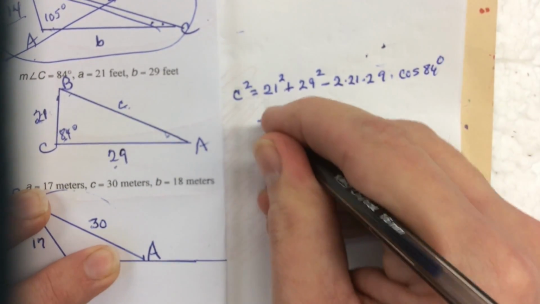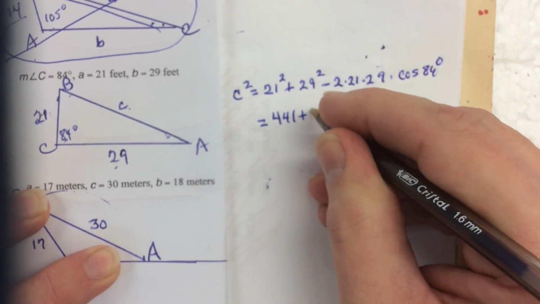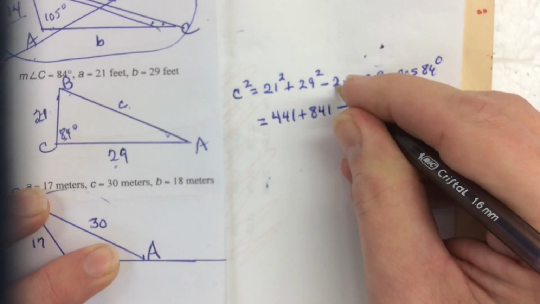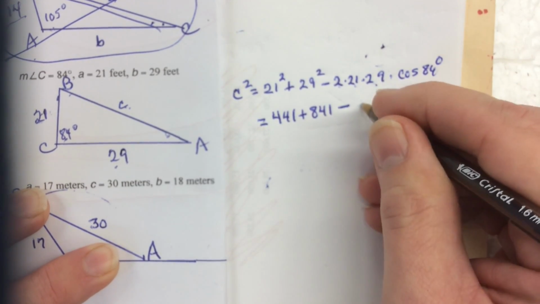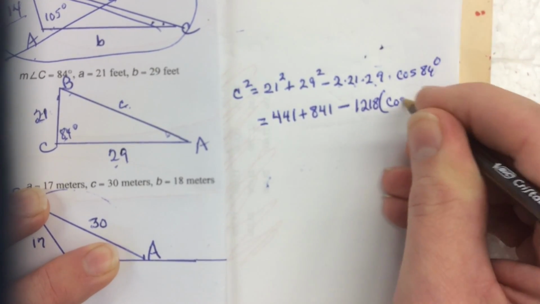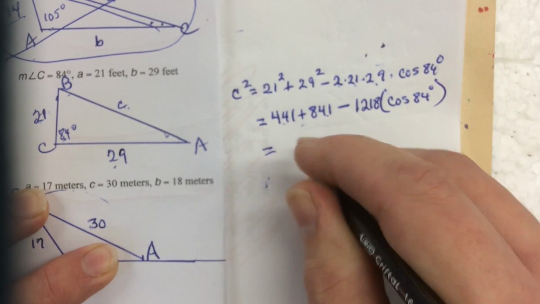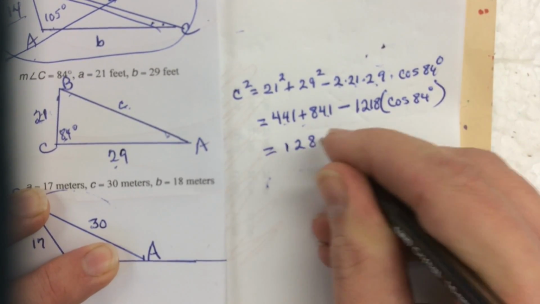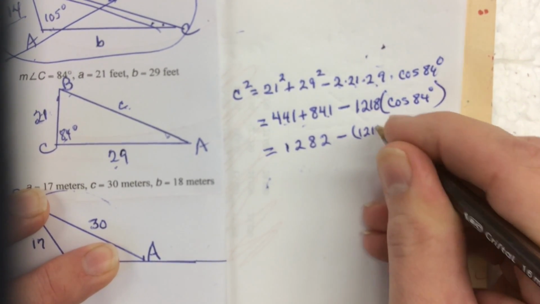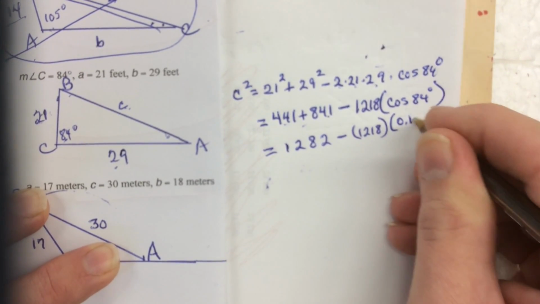So it's a bit of arithmetic to do. 21 squared is 441. 29 squared is 841. And 2 times 21 times 29 is 1218. And we still need to multiply that by the cosine of 84 degrees. So if we add these two together, we get 1282. And this is going to be 1218 times 0.104 something.